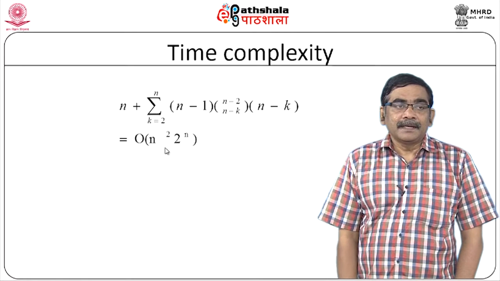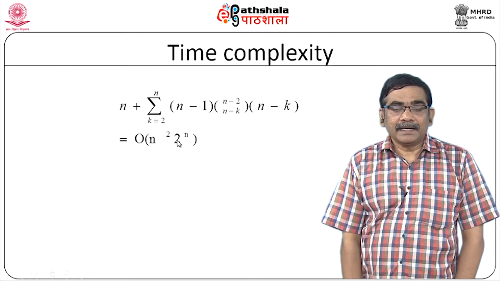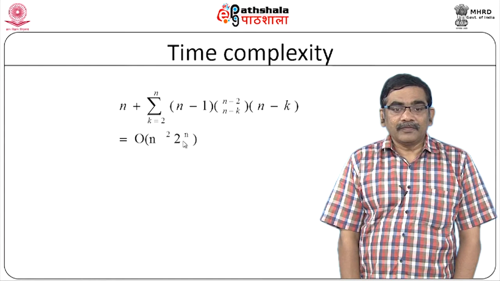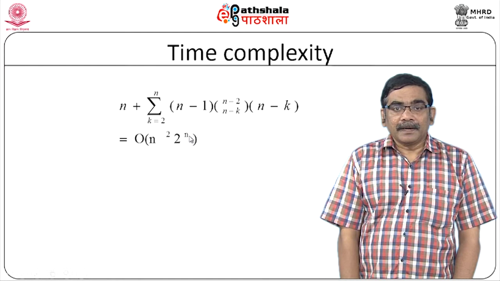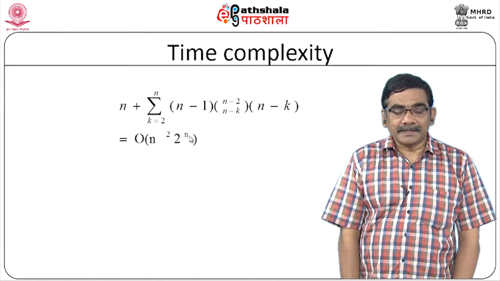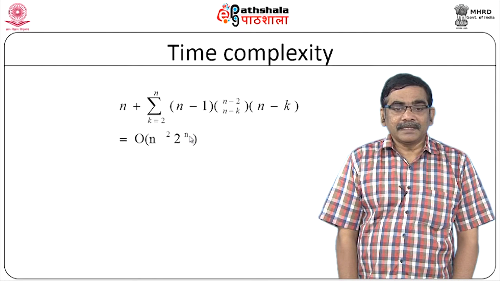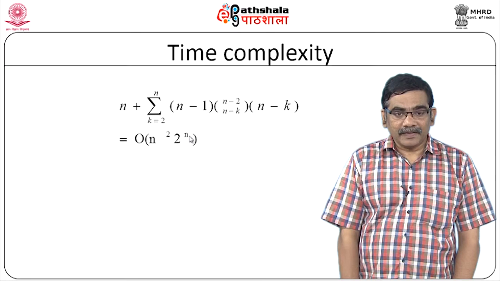That means it is still an exponential algorithm. If n is very small, then obviously this algorithm is feasible, but if n becomes very large, then it becomes very difficult.